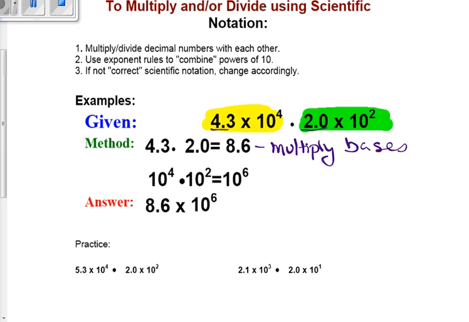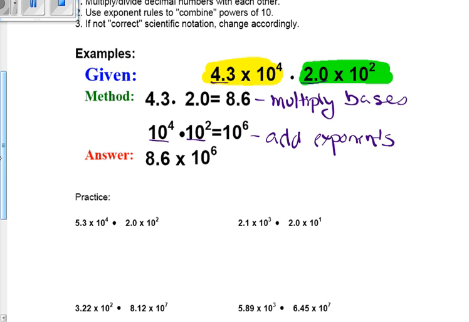Now we're going to follow our next step, which is to add our exponents. Remember, 10 to the fourth and 10 to the second both have the same base, so we can apply this rule. So 4 plus 2 becomes 6. Now we're going to write our whole answer all together, and it's 8.6 times 10 to the sixth.